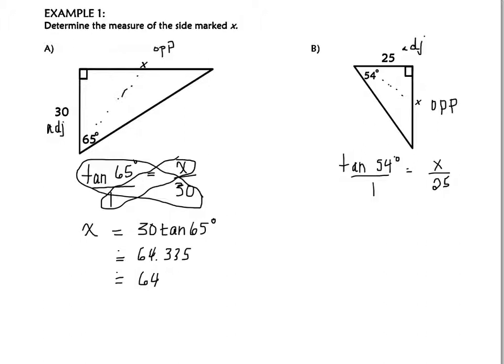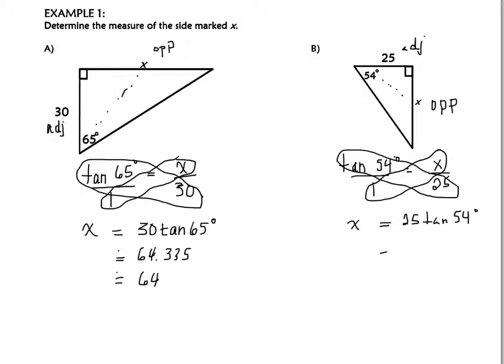Again, we can write this over 1 and cross multiply. So basically, if you're looking for the angle, you use inverse trig. If you're looking for the side, you set it up and cross multiply. So this becomes x times 1 is x equals 25 times the tan of 54.